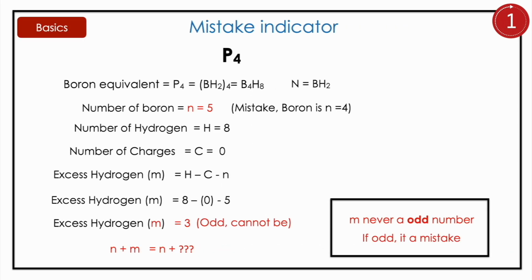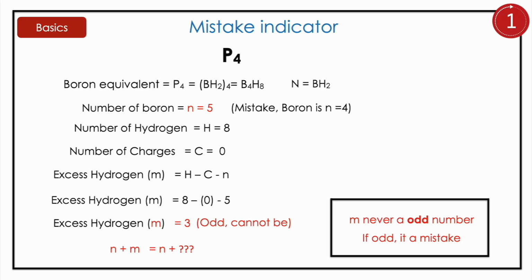Then the important one: you may commit a mistake, but the mistake can be easily identified through the value of M. M can never be an odd number. If it is odd, it is a mistake. Here I give a simple example, P4. Mistakenly I did the calculation with borons as 4, and it gives M equals 3.